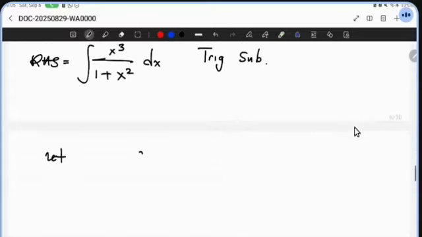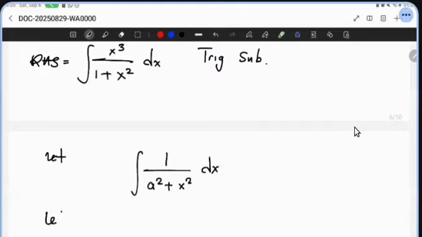How about we let, so remember how you integrate over a squared plus x squared without the square root. What substitution do we use in this case? Let x be equal to what?